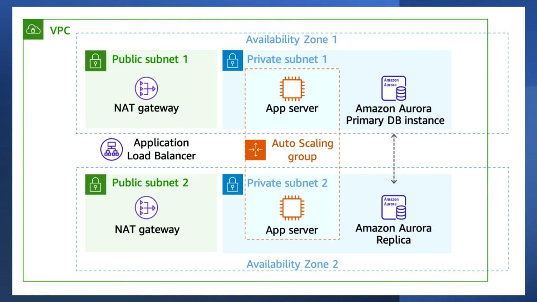Adding a second NAT gateway in availability zone 2 will ensure that the resources in the private subnet can still reach the internet even when availability zone 1 fails.